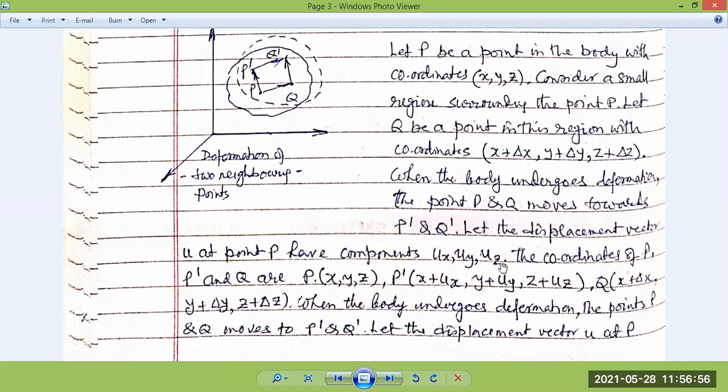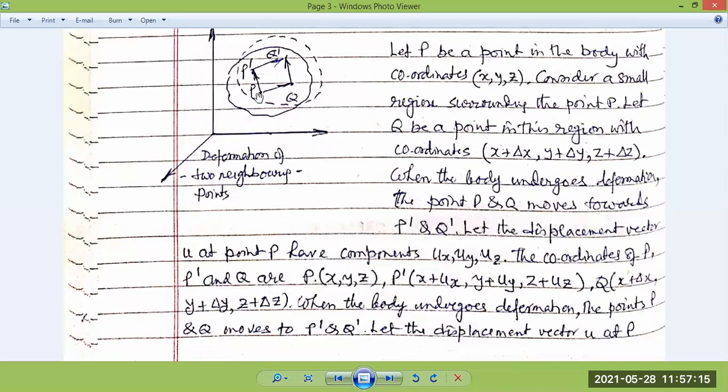Means the coordinates of P initially were x, y, z, and P dash will be x plus ux, y plus uy, and z plus uz.